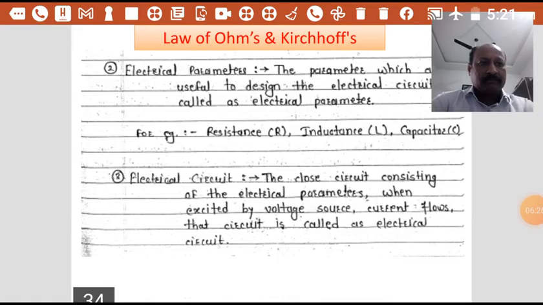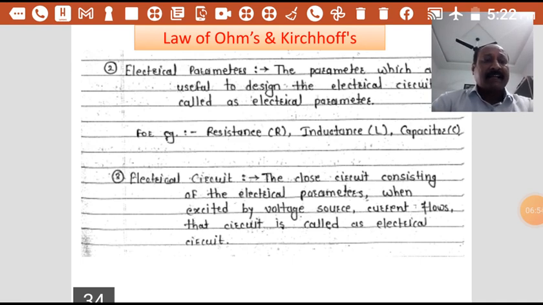So the resistance, inductance and capacitors are the electrical parameters. Sometimes the circuit may be purely resistive, meaning only resistances are connected in the circuit, having series and parallel combinations. Sometimes it is an RL circuit, in which resistances as well as inductances are connected.